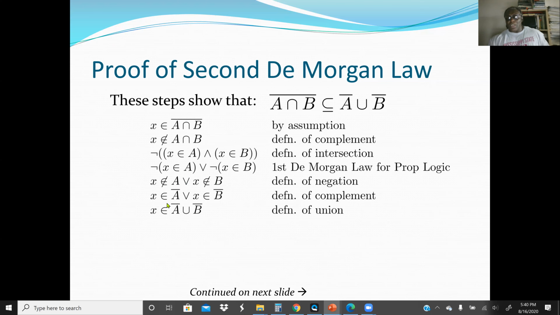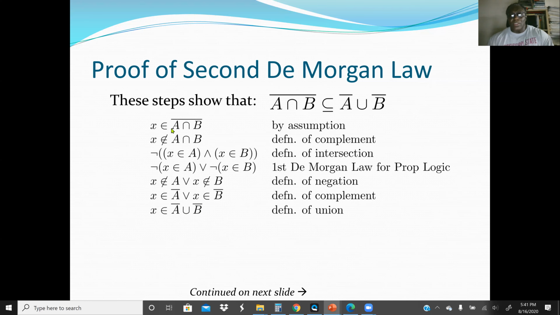Then we have S belongs to A complement or S belongs to B complement. Then S belongs to A complement union B complement. So these are the steps proving that the complement of A intersect B is the same as A complement union B complement.